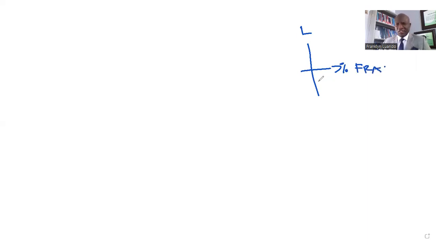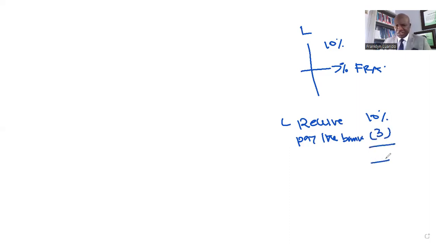If the interest increases to 10%, the lender will receive 10%. That's not what they agreed. The lender will pay the bank 3%, and effectively they have the net receipt of 7%. Net return on the investment.